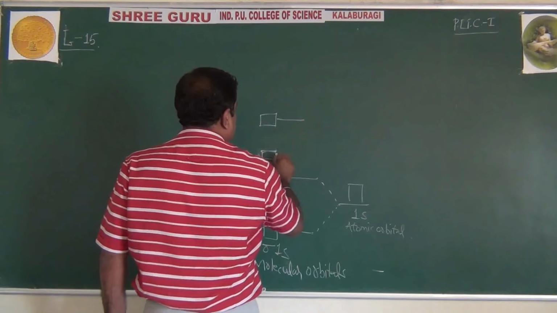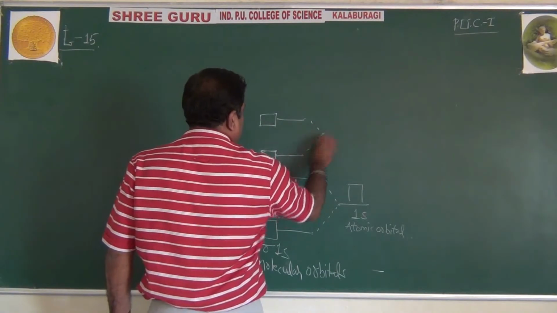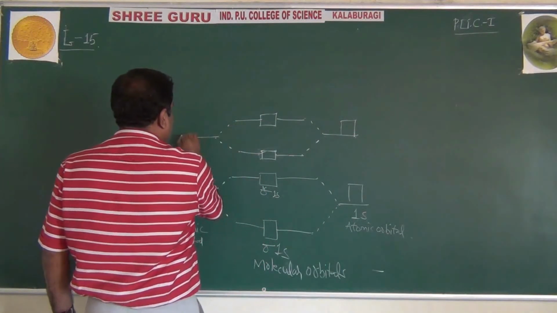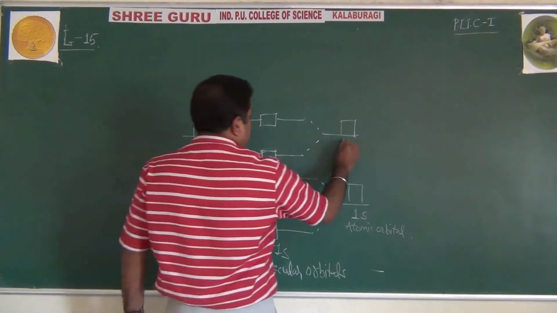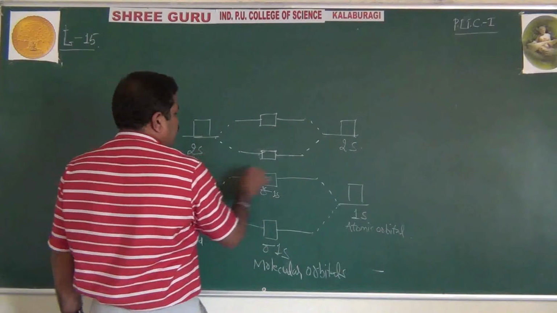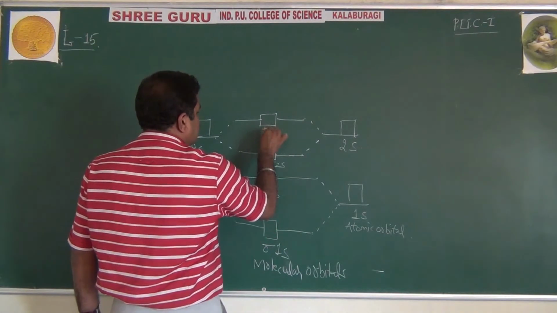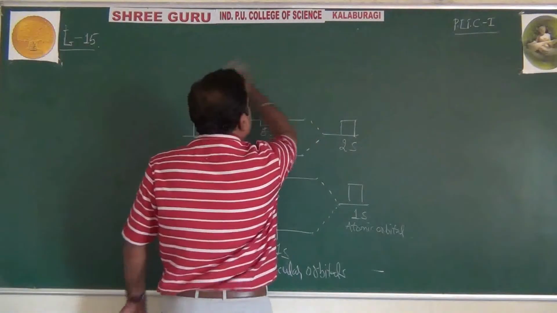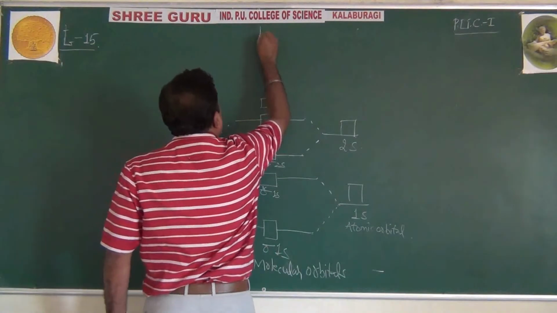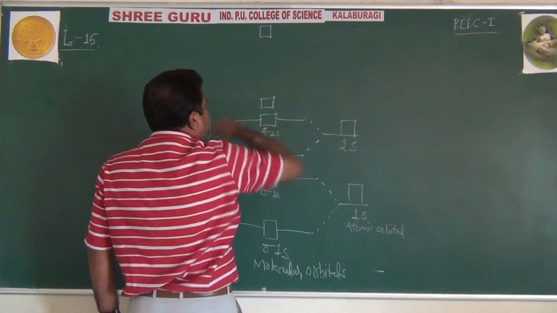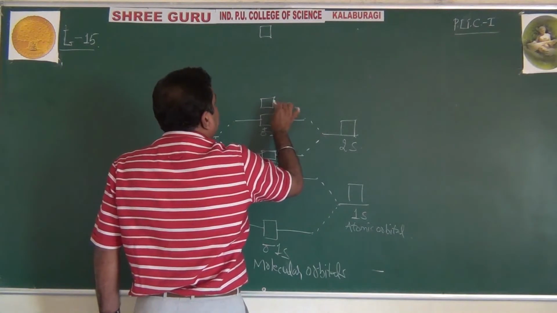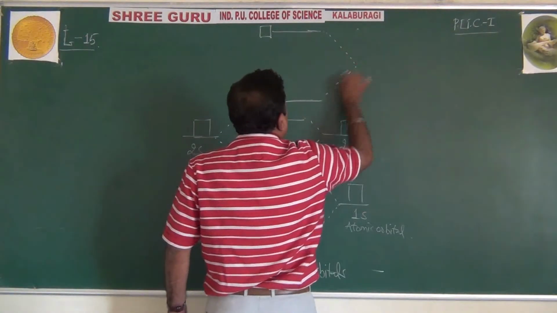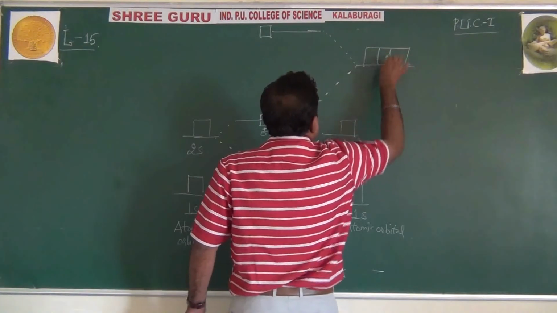This is 2s, 2s. Sigma 2s, sigma star 2s. Then, very importantly, outside the 2p orbitals, 2px, 2py, 2pz.